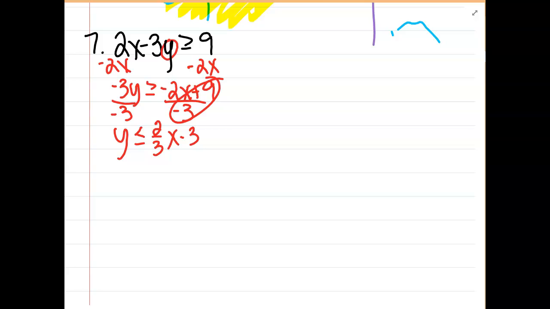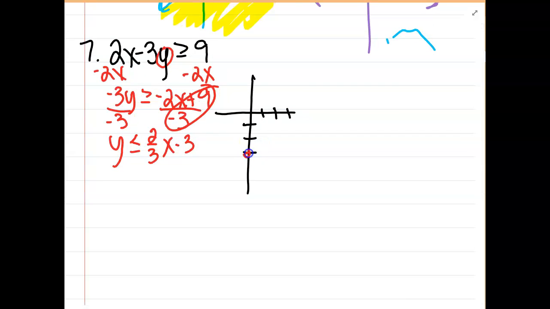Okay, where do I start to graph this one? Where's the first point on the graph here? Negative 3. 1, 2, 3. So we're going to put a point at negative 3. From there, rise 2, run 3.